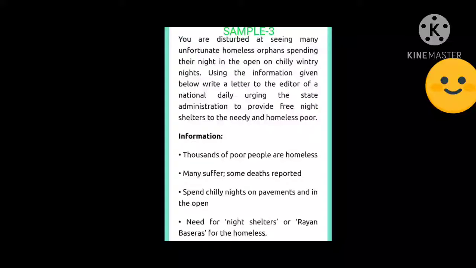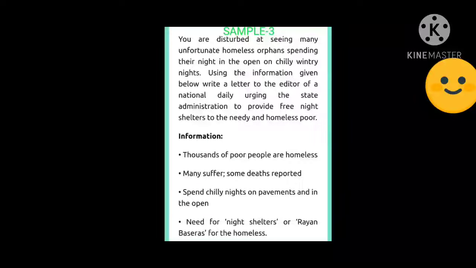Spend chilly nights on pavements and in the open. Need for night shelters or rain baseras for the homeless. If some kind of shelters are there, especially for these orphans and old people, helpless people, they will take shelter there, and this problem will be prevented.